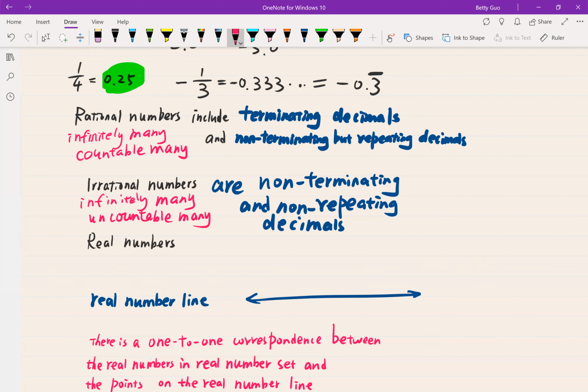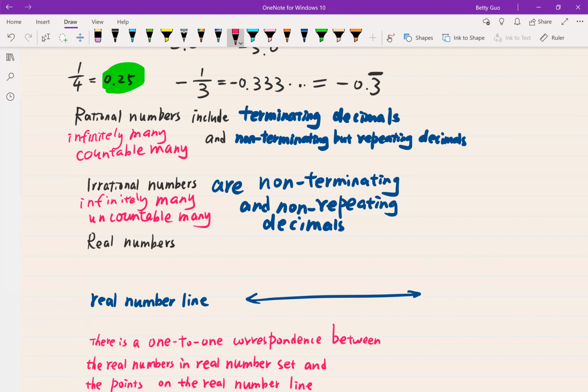Now we have a question. What's the relationship between rational numbers and irrational numbers? Do the two sets, the rational number set and the irrational number set, overlap? In other words, do we have a number which is both rational and irrational?